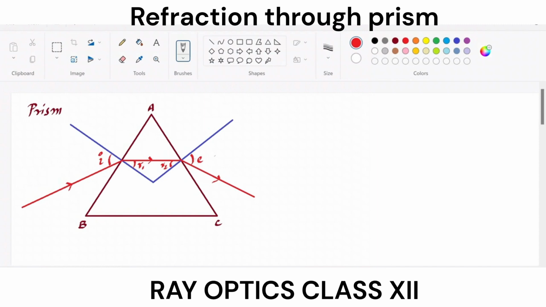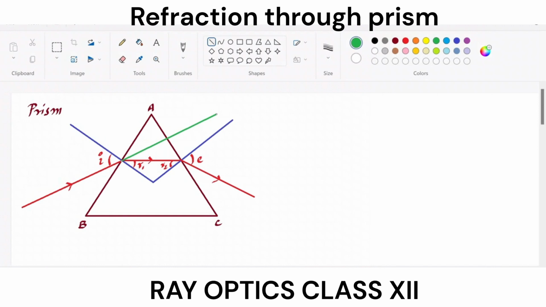Now if there was no prism, the ray was supposed to go in this direction. This is what? The path of incident ray when there was no prism. So this ray was supposed to go along this green direction. This is the future of this incident ray.